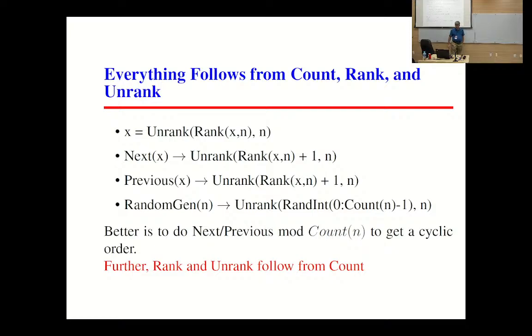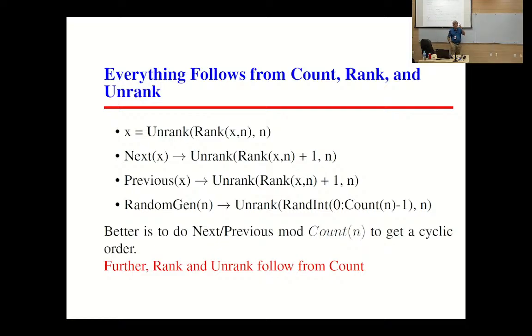How do you randomly generate things with equal probability? If I ask you to generate a labeled tree on n nodes at random, that feels like a non-trivial problem.